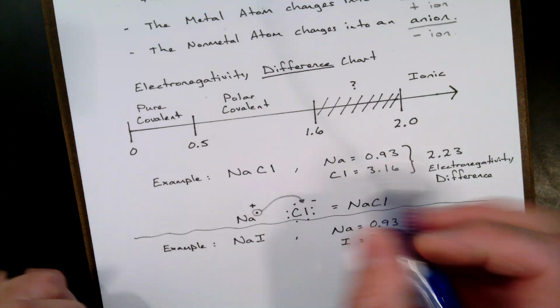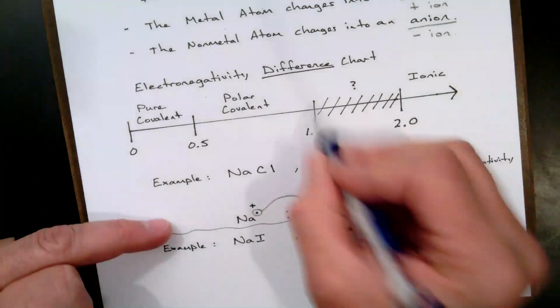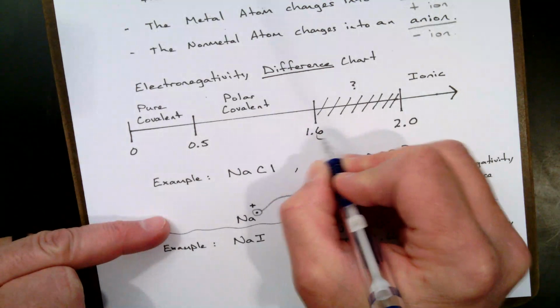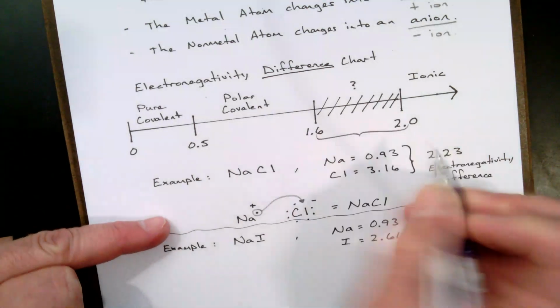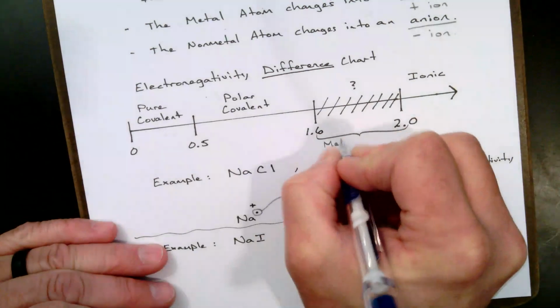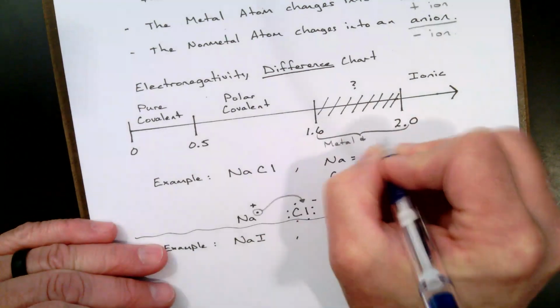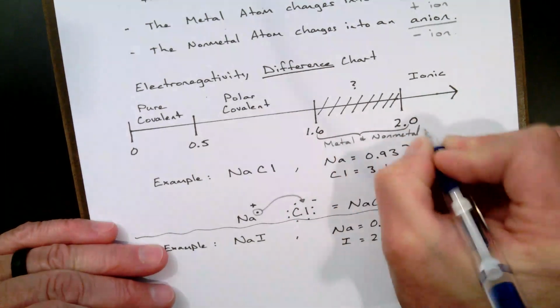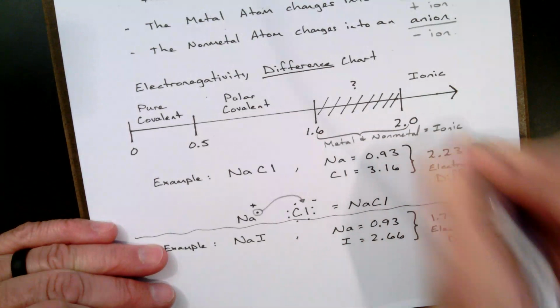Here's the rule. If we are in this area right here, here's the rule that we're going to use. If it's a metal and nonmetal, then we will call it ionic.